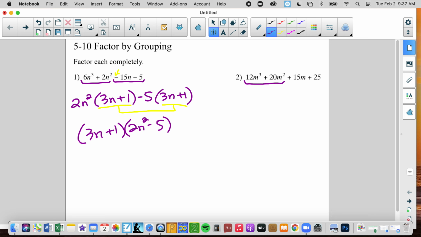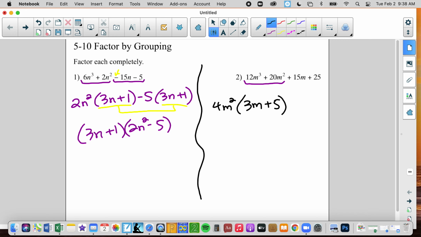2m cubed, 12m cubed plus 20m squared. Looking at the coefficient first, what's the largest number that is divisible into 12 and 20? That would be 4. And then we have m cubed and m squared. We can take out m squared. Both of them have an m squared. We're going to divide that. That gives me 3m plus 5.